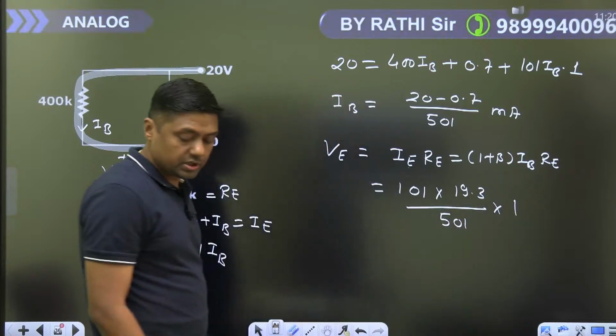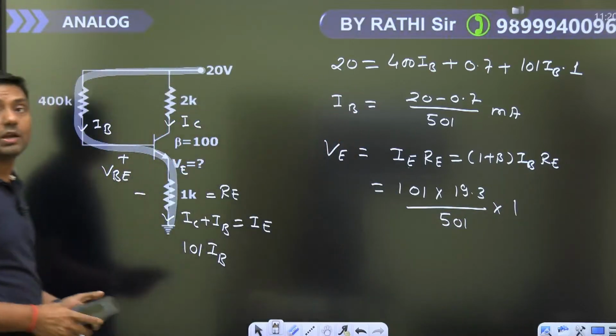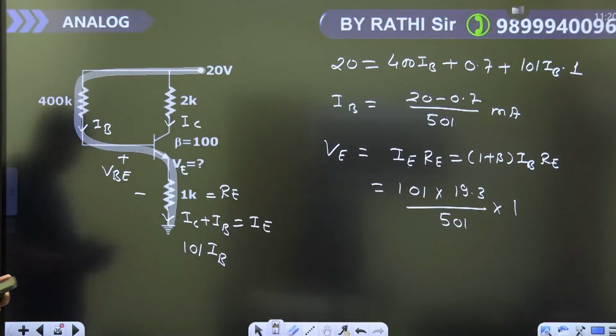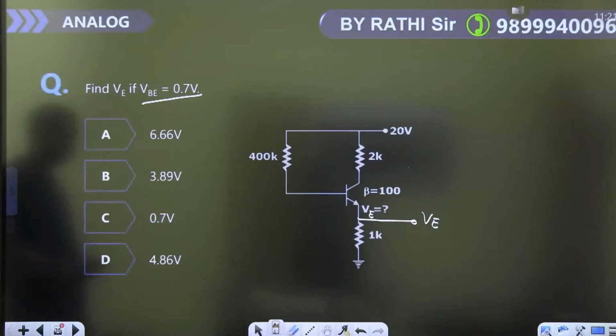Use your virtual calculator. So this is 3.89 volt.